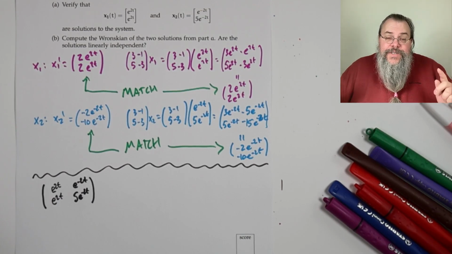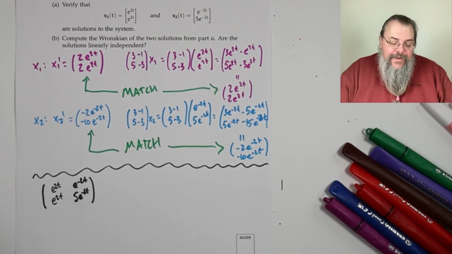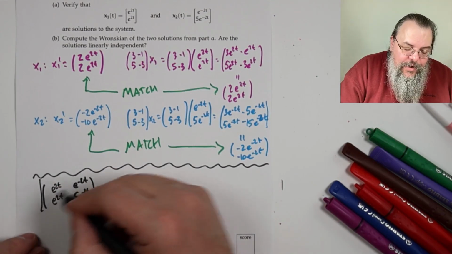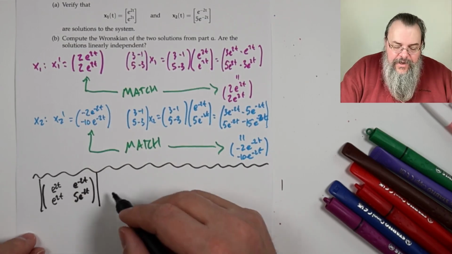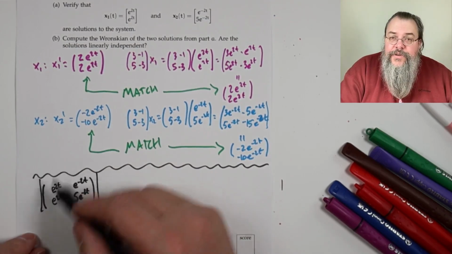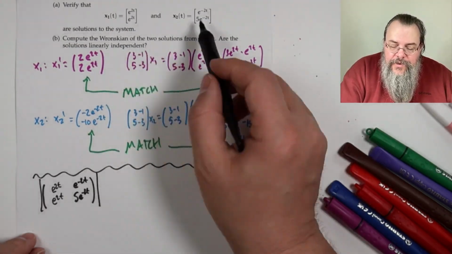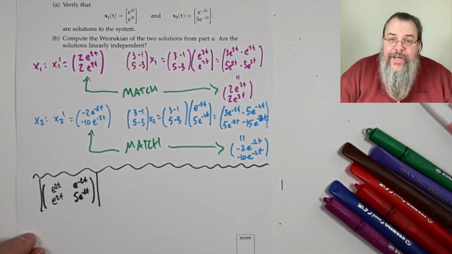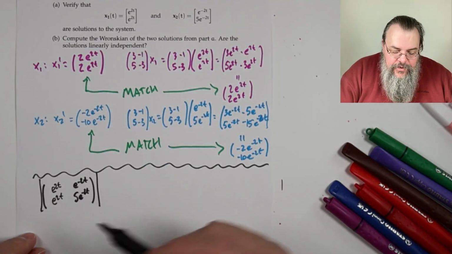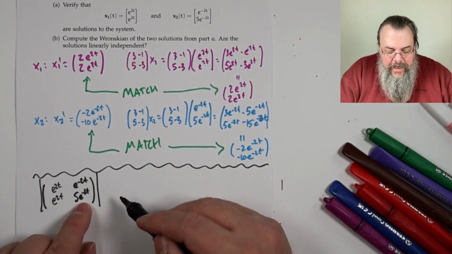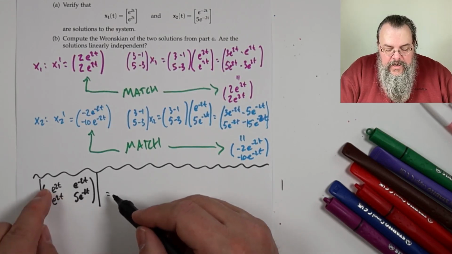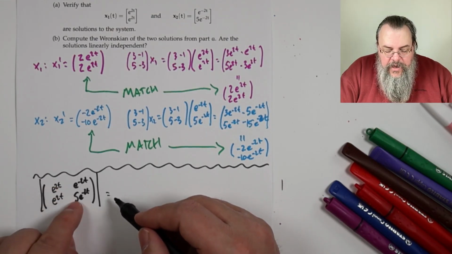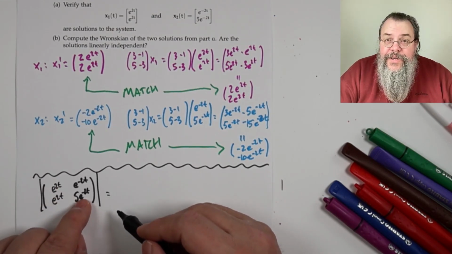Now, the Wronskian says it's not quite this. You're going to take the determinant of this matrix. So put the solutions as the columns, then take the determinant. All right, so 2 by 2. Down the diagonal, we have e to the 2t times 5 times e to the minus 2t.